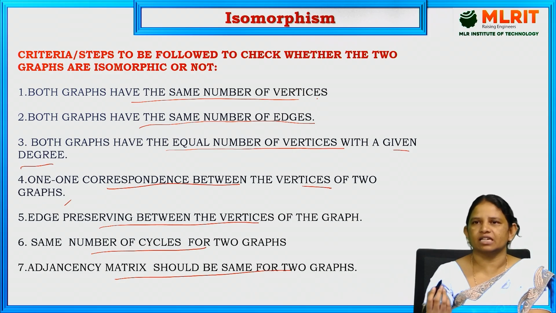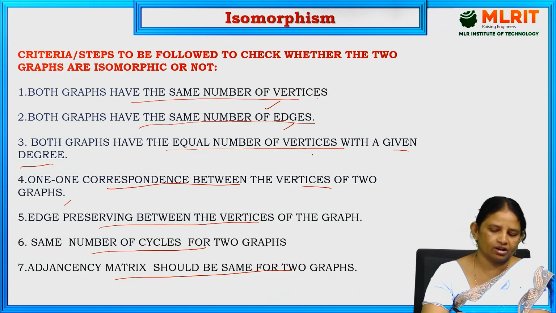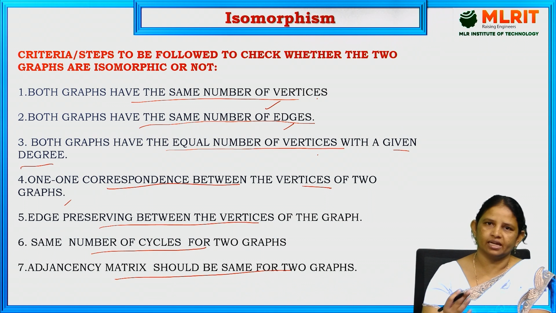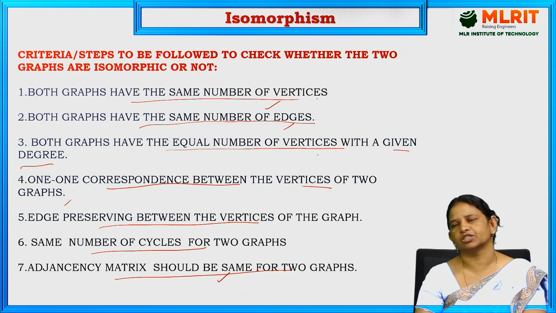Equal number of vertices, equal number of edges, equal number of vertices with a given degree, one-to-one correspondence, edge preserving, same number of cycles, and the same adjacency matrix. Then only we can say that the two graphs are isomorphic.